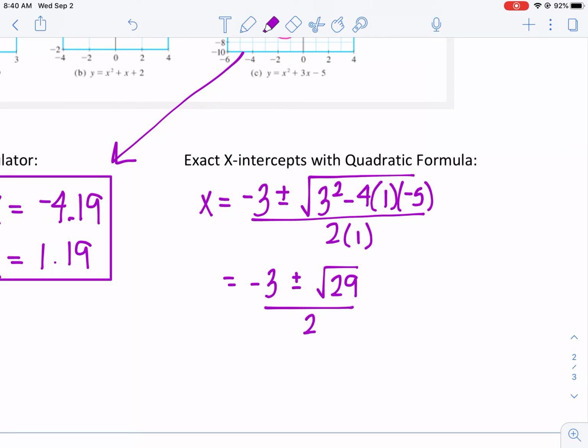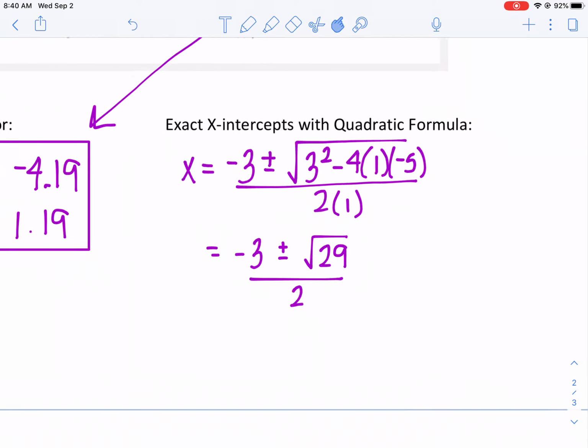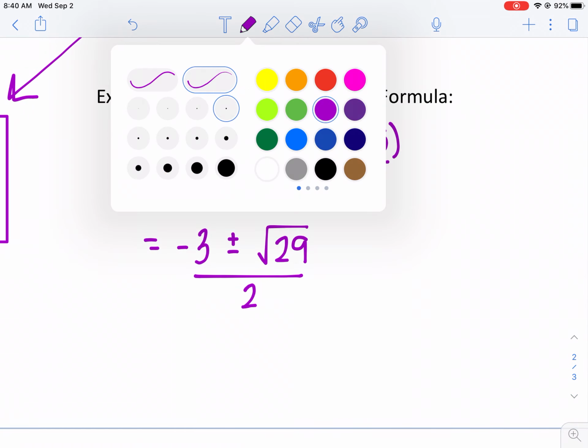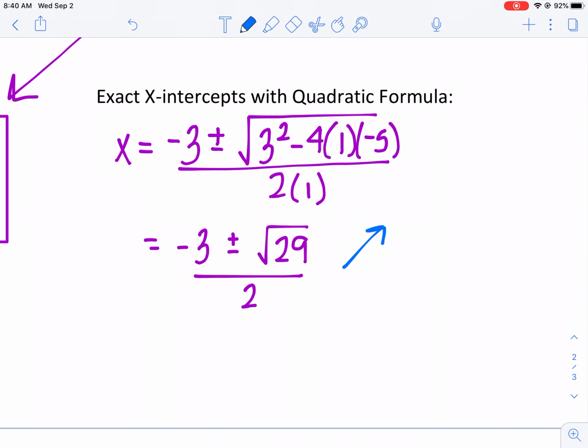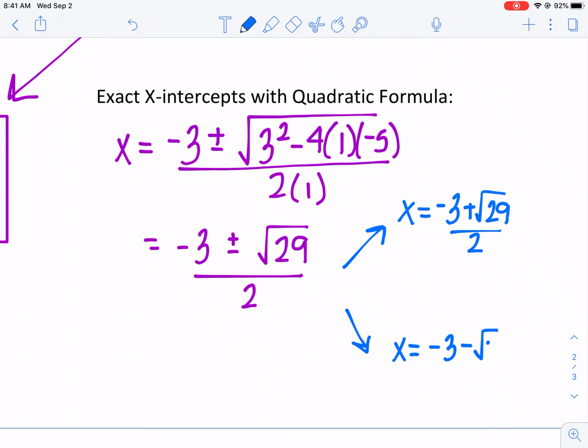Notice because there's that plus minus, there will be 2 answers. So how I like to show it is one of the answers will be x equals -3 plus root 29 over 2. And the other one would be x equals -3 minus root 29 over 2.